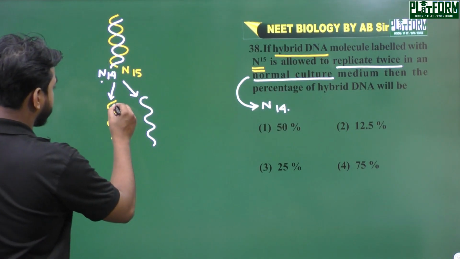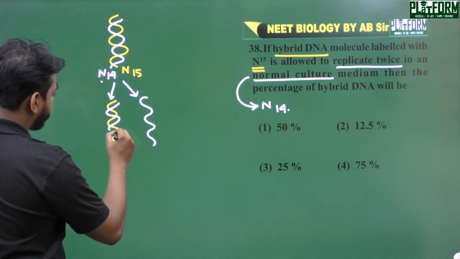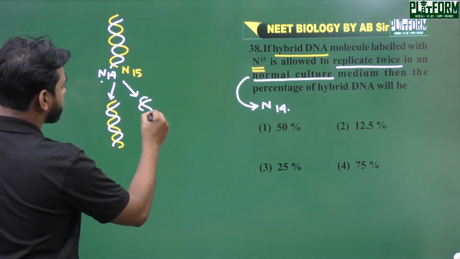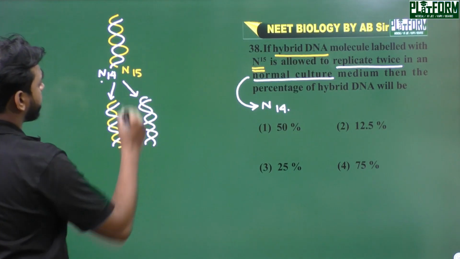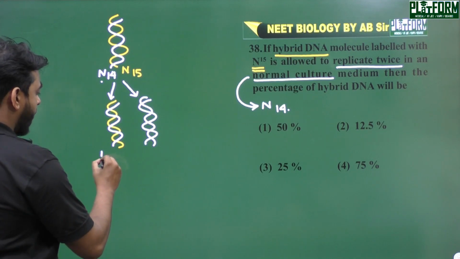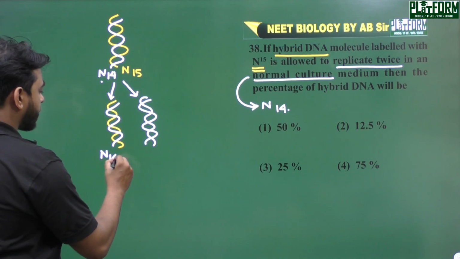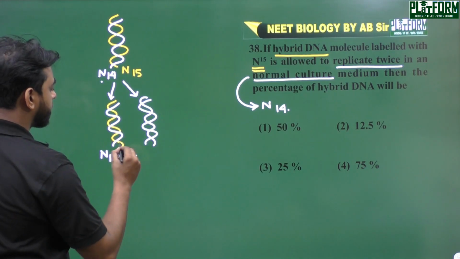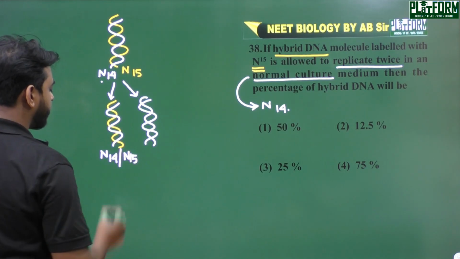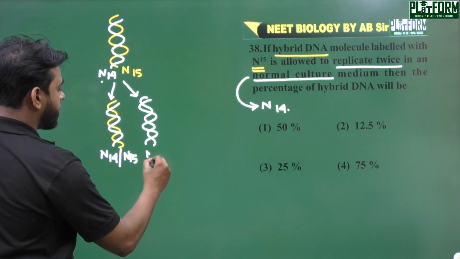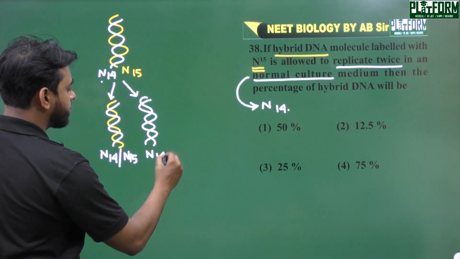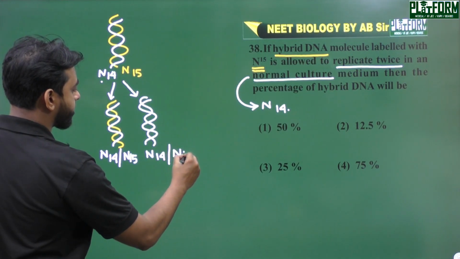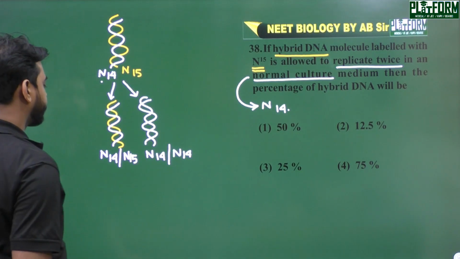As a result, after the first generation, 2 DNA molecules are produced: one N14, N15, and another one N14, N14.